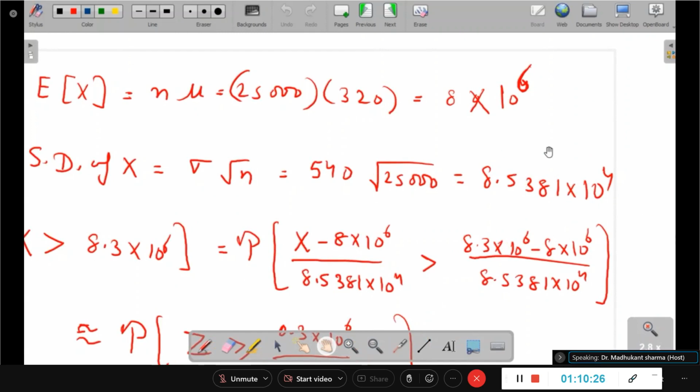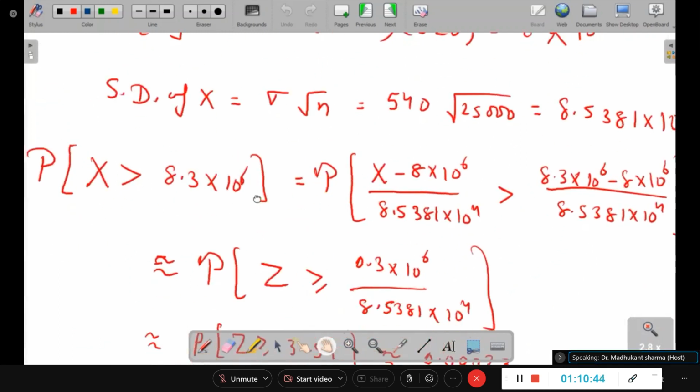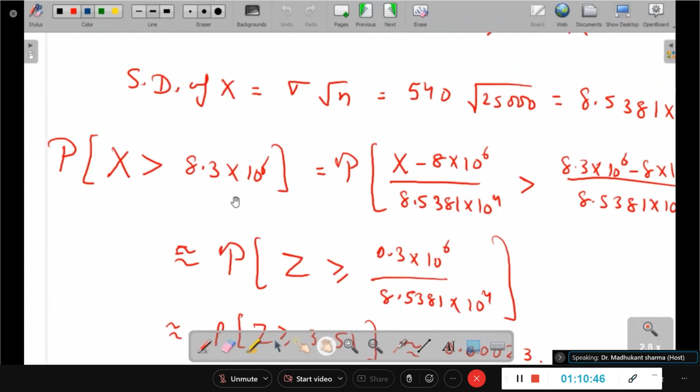Now this mean and standard deviation information will help you translate this normal variable to a standard normal variable so that you can use the normal table. This is what is done here. What you are interested in is more than 8.3 million, the probability that the total yearly claim exceeds 8.3 into 10 to the power 6.